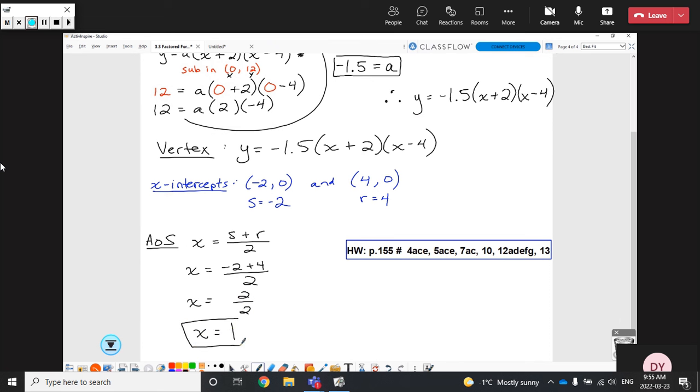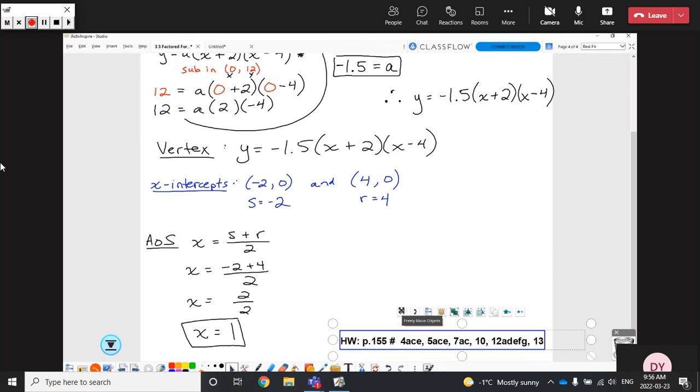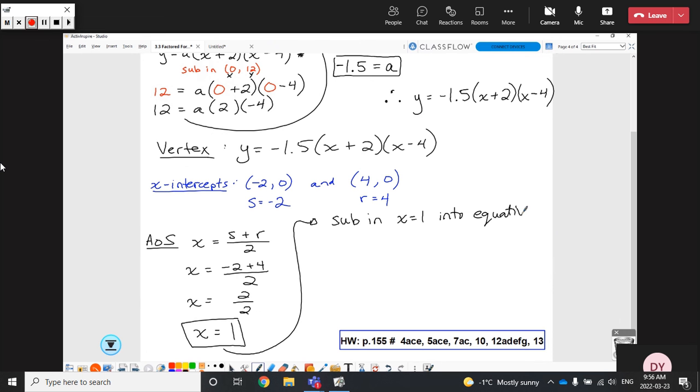So the axis of symmetry is right here at positive 1. Now what we do with this is we're going to sub in the axis of symmetry into our equation.